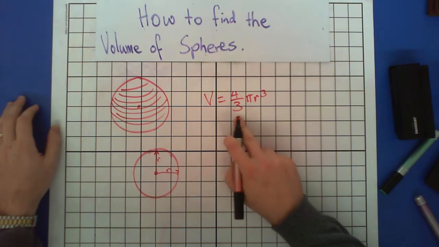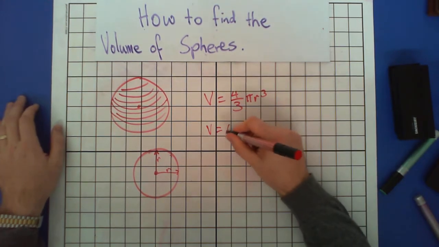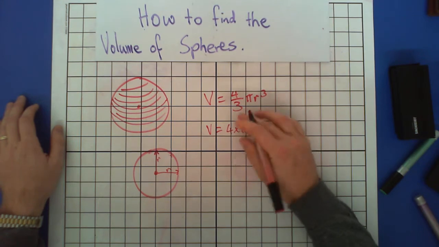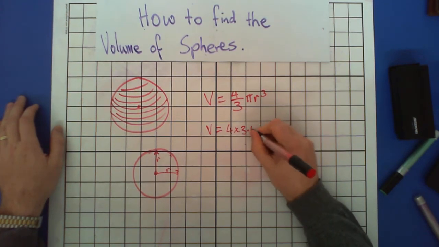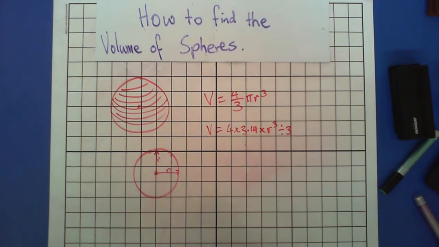So I will probably rewrite this a little bit, and say that the volume equals 4 times pi, and for pi we're going to use 3.14, times our radius cubed, divided by 3. Just going to make our calculations a little bit nicer at times.